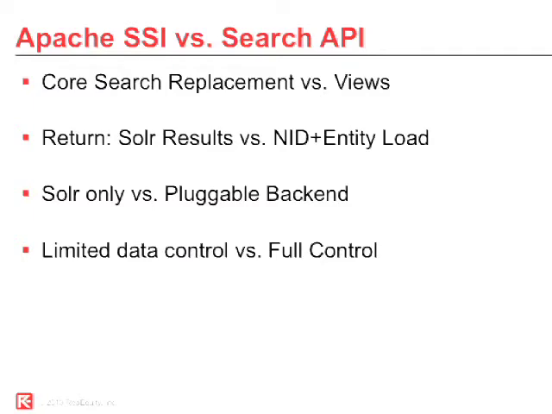And the other thing, limited data control versus full control. Search API gives you a nice form that allows you to go in and select what data you want indexed, and that includes data of related entities, which is great. So if you've got your taxonomy terms as well as just related nodes, you can go in and say, I want the taxonomy of this related node indexed, and it will actually get indexed with the entity that is being indexed.